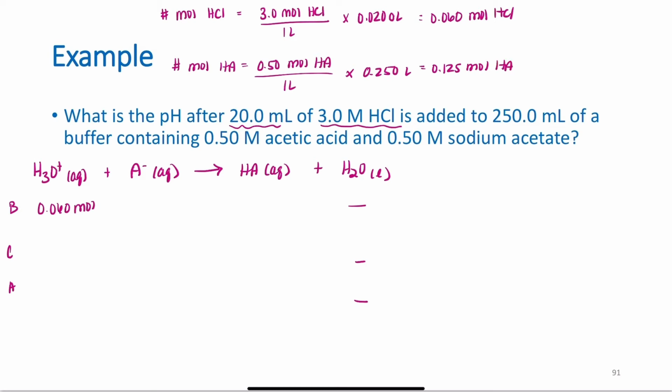And the same process would follow for the number of moles of A minus because the concentration of acetic acid and sodium acetate is the same in solution. So 0.125 moles, 0.125 moles. Minus 0.060 moles because it's the smallest number.